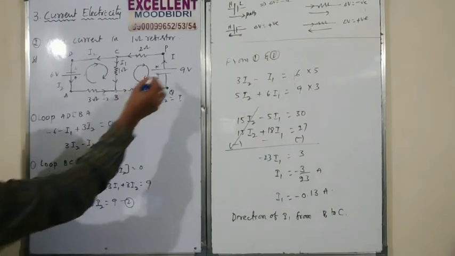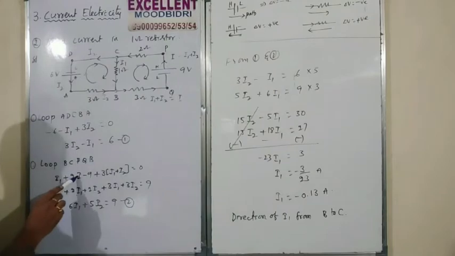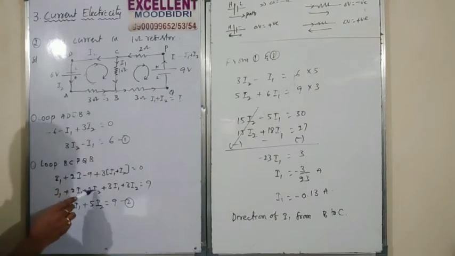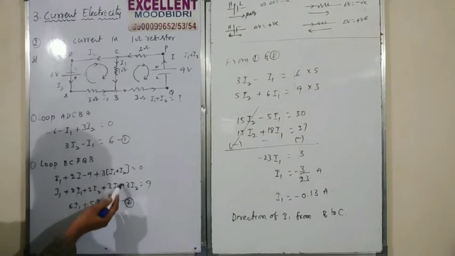Now I is equal to what? I is equal to I1 plus I2 only. Therefore, instead of I, I have written I1 plus I2. So I1 plus 2 into I1, 2I1, 2 into I2, 2I2, plus 3 into I1, 3I1, 3 into I2, 3I2.